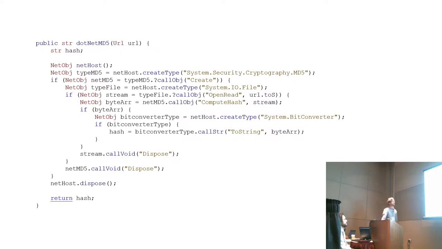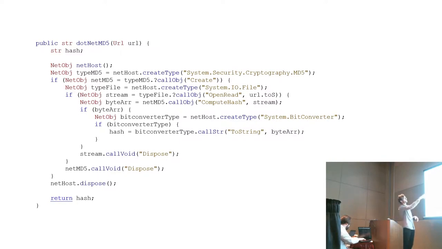It's a little bit more complicated because it's creating an MD5 object first, and then it opens a file, which we cannot use our own URL for because it has to be a net object kind of URL, I guess, for a file.